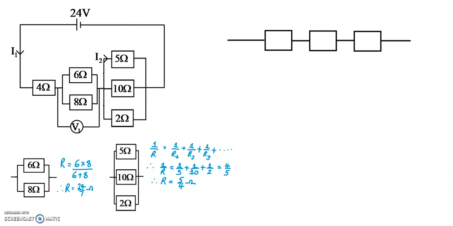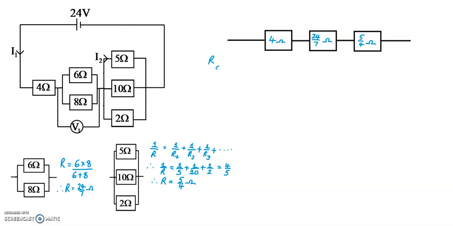The initial circuit can now be replaced with an equivalent circuit of 3 resistors in series. So this resistance here will be the 4 ohms. The 2 resistors in parallel are equivalent to a single resistance of 24 over 7 ohms. And the 3 resistors in parallel are equivalent to a single resistance of 5 over 4 ohms. The resistance for the whole circuit can now be found.